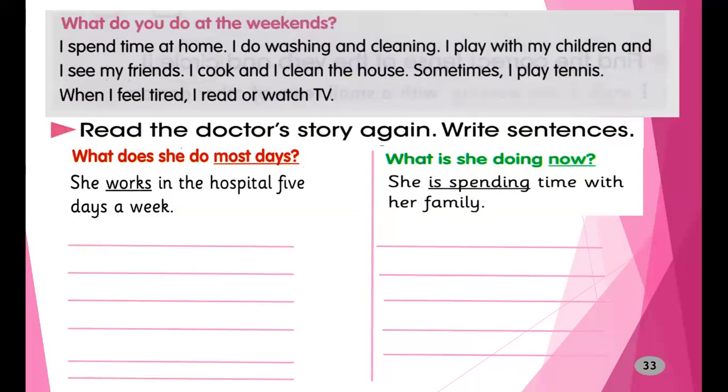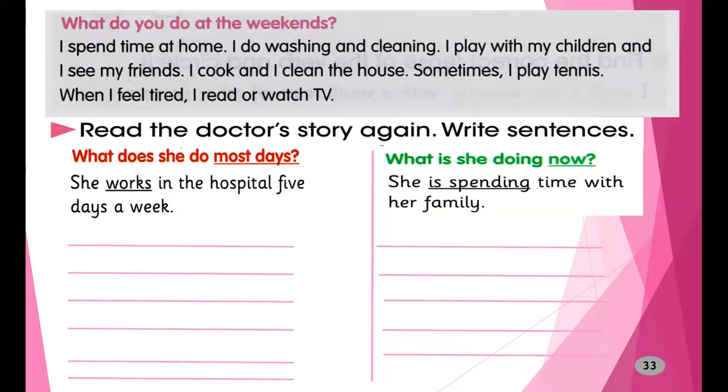This type of question is written in present simple. What does she do most days? But on the right we should write sentences written in the present continuous, because the question is, what is she doing now?